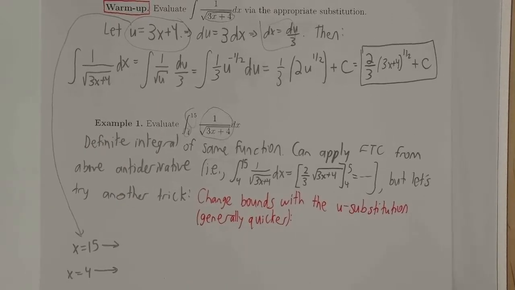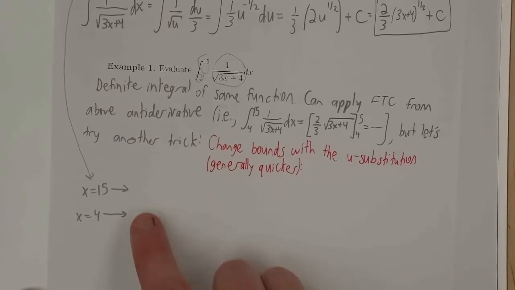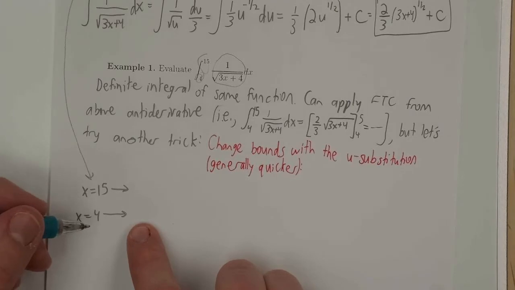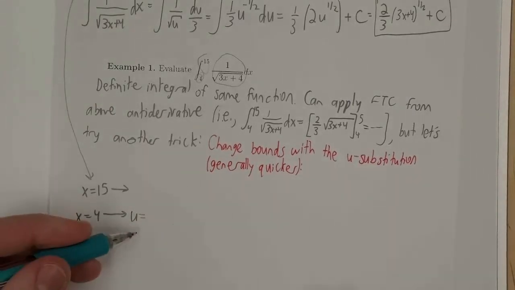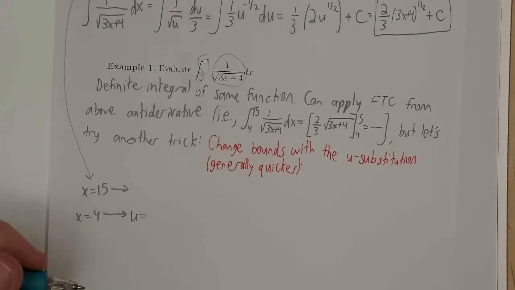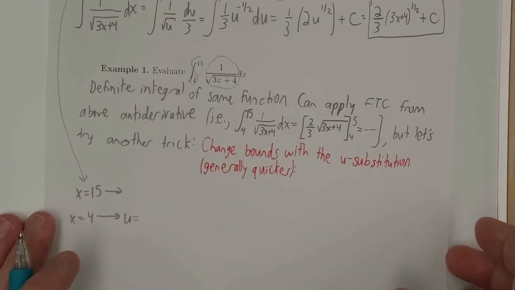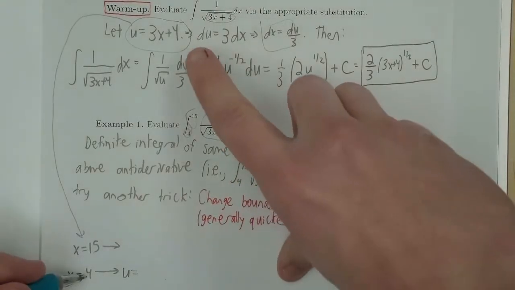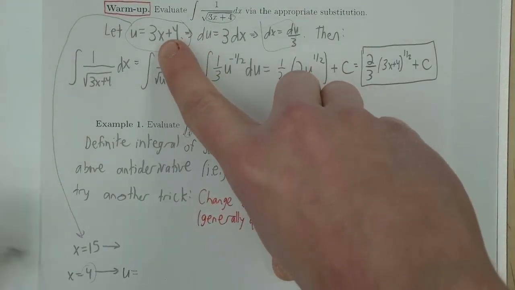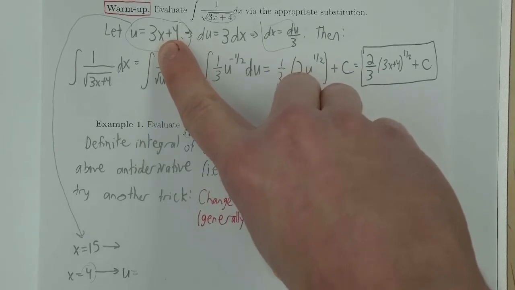If x equals 4, then we want to translate this into the corresponding u value. Since u equals 3x plus 4, we just let x equal whatever bound we have, and that'll be the corresponding u value.